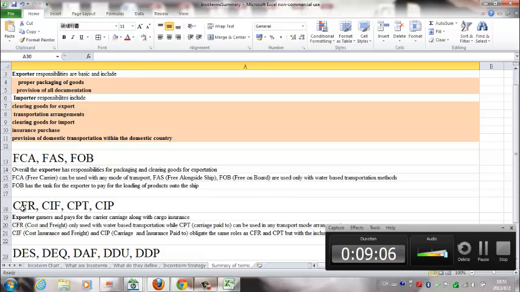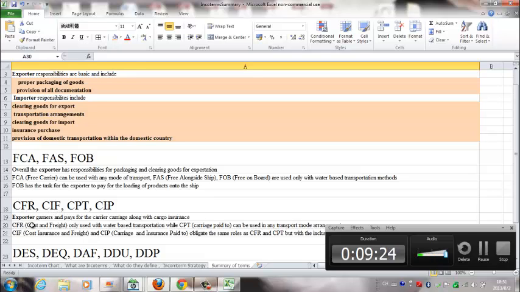Next one we have here is the C terms, the CFR, CIF, CPT, and CIP. And in this one, the exporter garners and pays for the carriage along with cargo insurance. Now the cargo insurance is only applicable to the CIF and the CIP.